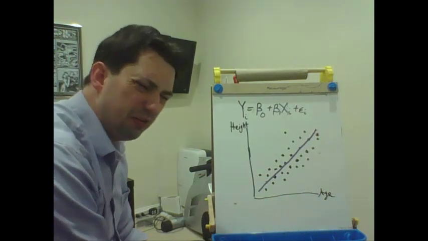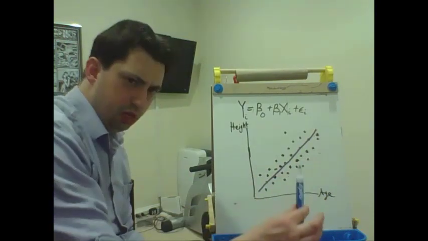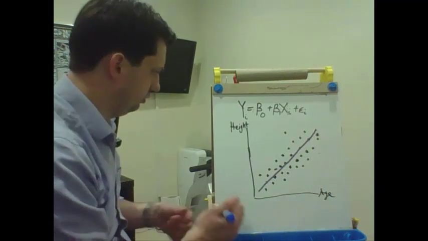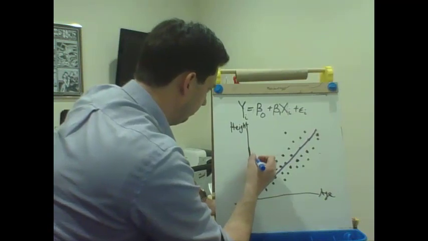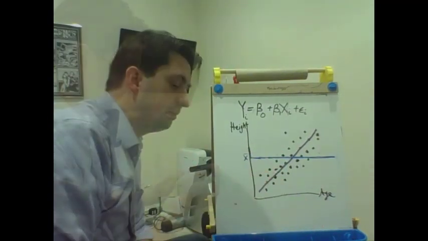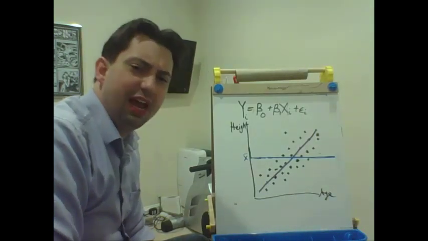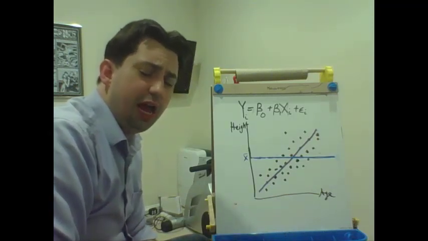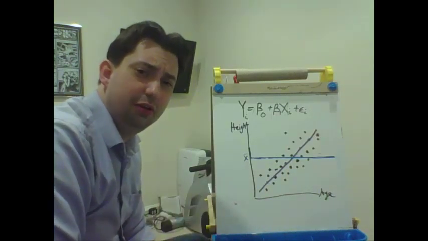To sort of give you an idea of what's going on, let's imagine I'm going to add in a blue line, and this blue line will represent the average of all of these heights, all of these observations. Let's pretend that's a straight line. Let's imagine that you knew that I had a young child. I have two. And I asked you, how tall do you think my kid is?